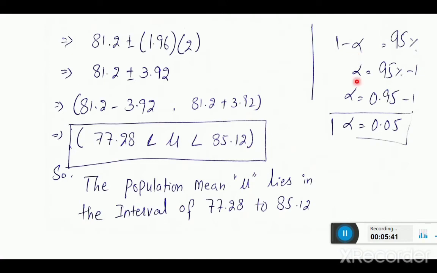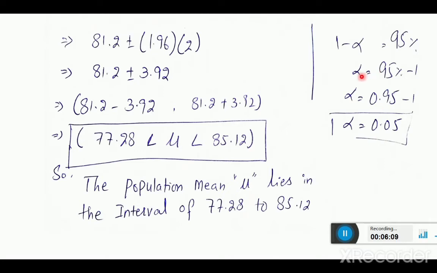How much am I not sure? 5%, I am not sure, so that is represented by alpha. So 5% means 5 divided by 100, you will get 0.05.